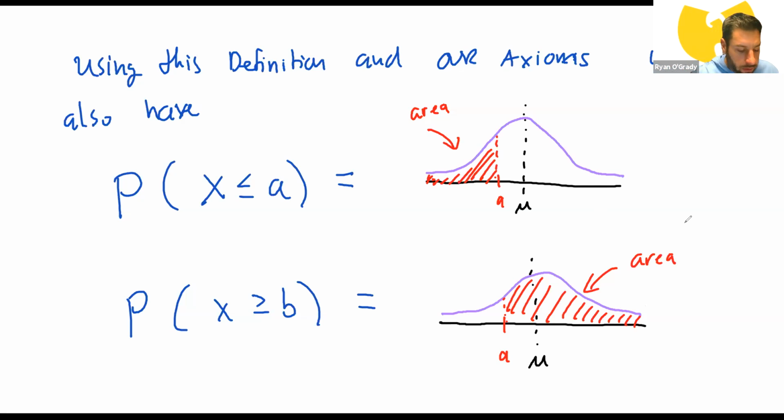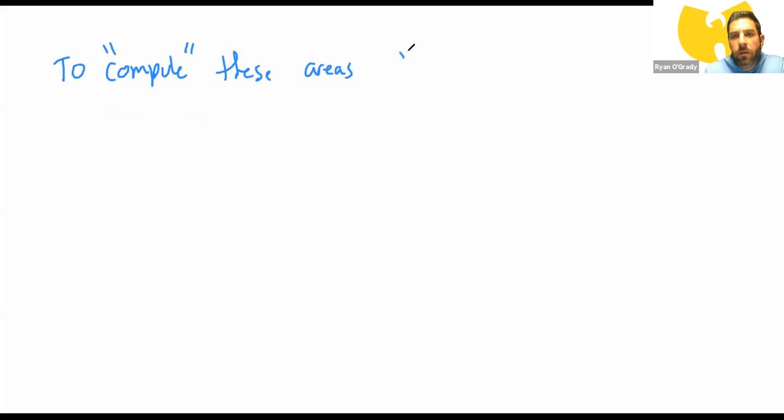Okay, does anybody have a comment or a question? Maybe you should have a natural question, and that is, how do I compute these areas? That's what we're going to get to in a second. So to compute these areas by hand requires calculus.